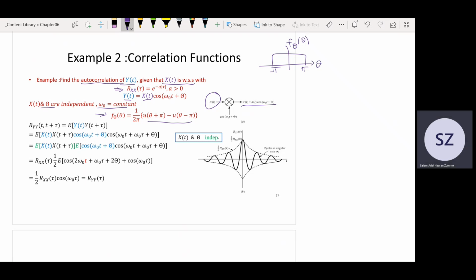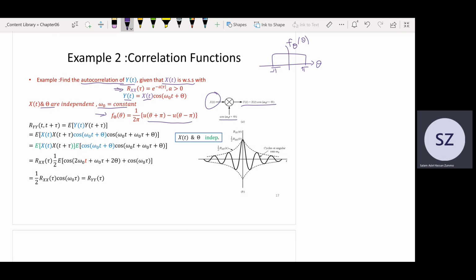So now I have a random process multiplied by another random process. Cosine omega 0 t plus theta is another random process. I get a signal. Basically it's an AM modulation, where you multiply the signal, which is your voice, a random signal, by a random phase carrier.